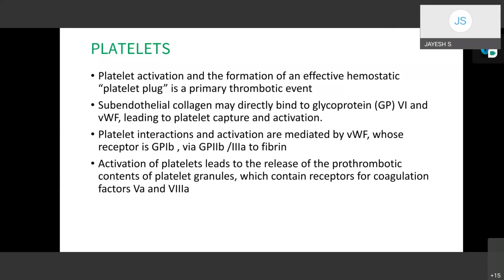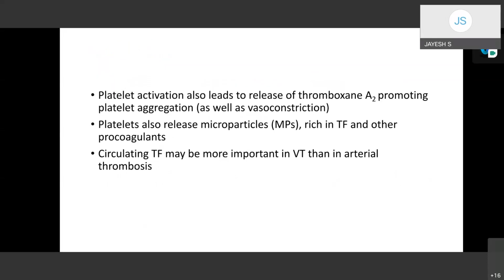The receptor for von Willebrand factor is glycoprotein 1B, and platelets adhere to fibrin by glycoprotein 2B and 3A. The activation of platelets leads to release of prothrombotic contents of platelet granules, which contain receptors for coagulation factors 5 and 8A. Platelet activation also leads to release of thromboxane A2, which may cause platelet aggregation and vasoconstriction.